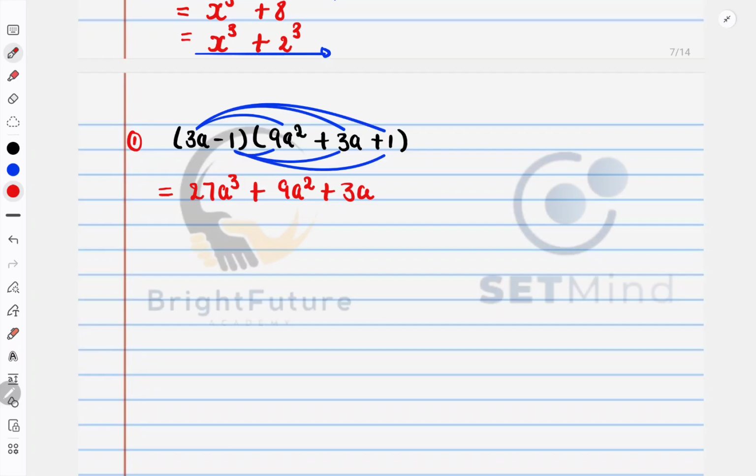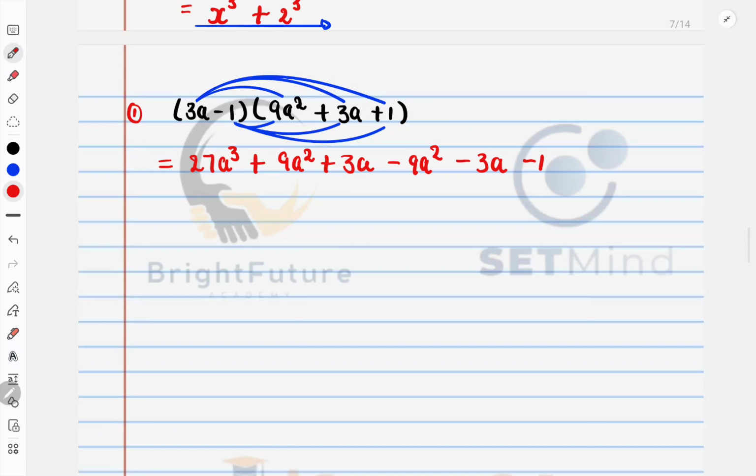And then for the second term, multiply everything by negative 1. Therefore, we'll have negative 9a squared minus 3a minus 1. And then, you know what we do next? Like terms with different signs go, and then we are left with 27a cubed minus 1.